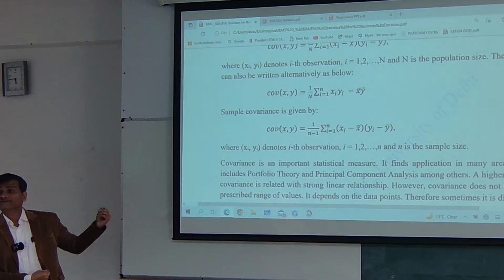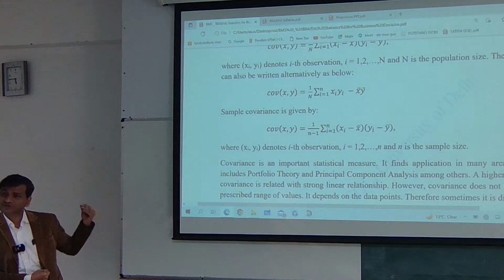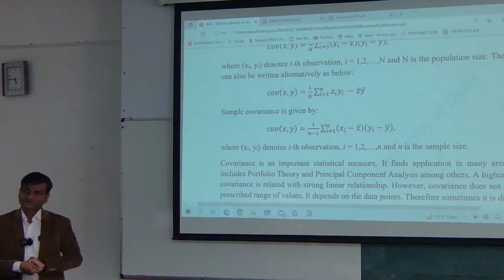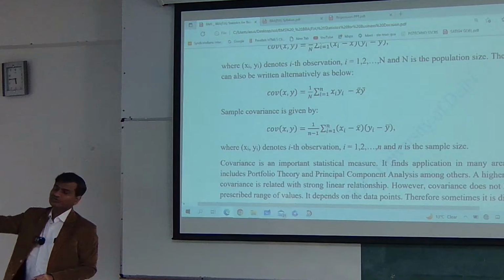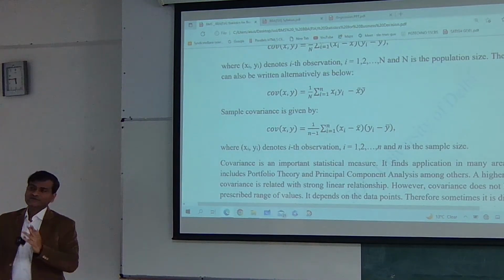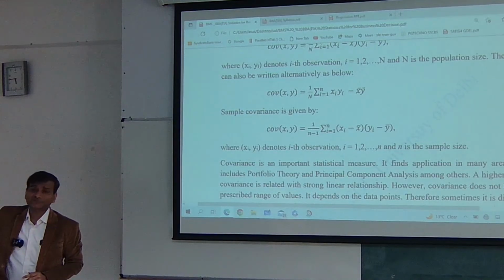Now you can see what is the difference between sample and population. In sample covariance we have n minus 1 in the denominator instead of n. This is the only difference, because whenever we have to find the correlation between two variables, usually in statistics we have to find it for the entire population.